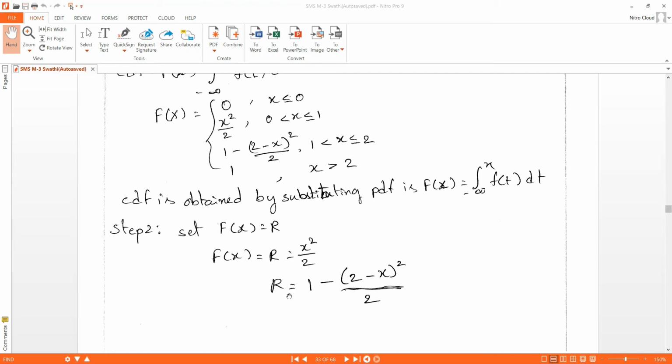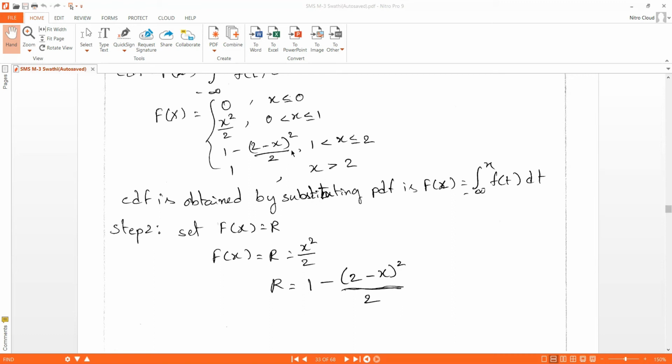Now we can write the r value in terms of x like this: F of x equals 0 when x is less than or equal to 0, F of x equals x square by 2 when 0 less than x less than or equal to 1.